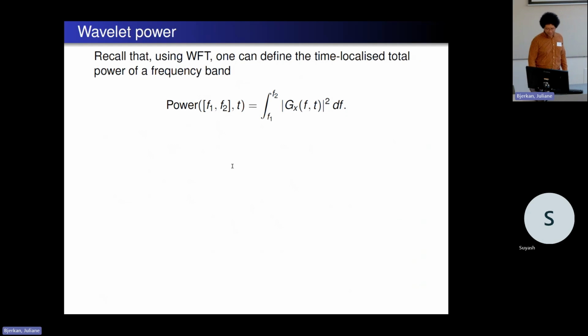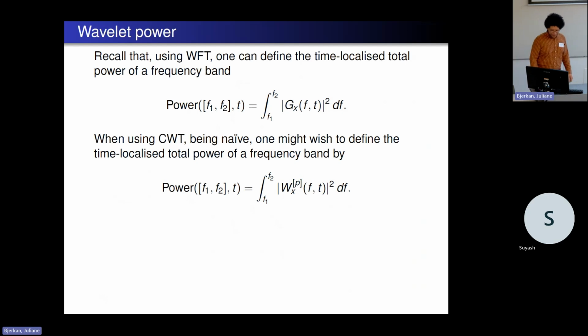Now, recall I said earlier that if I'm using the windowed Fourier transform and I want the power of a frequency band at some time t, I just integrate the power spectral density as defined by the windowed Fourier transform from frequency f1 to f2.